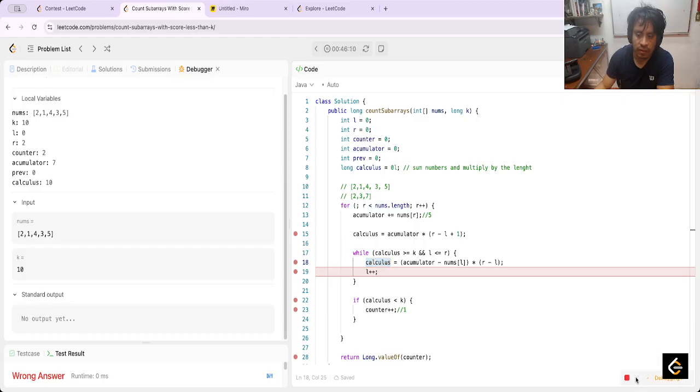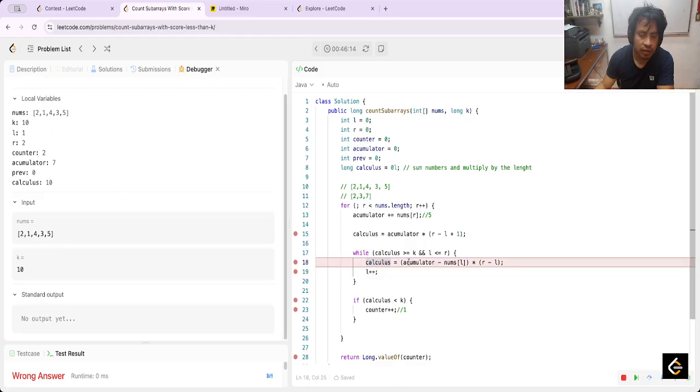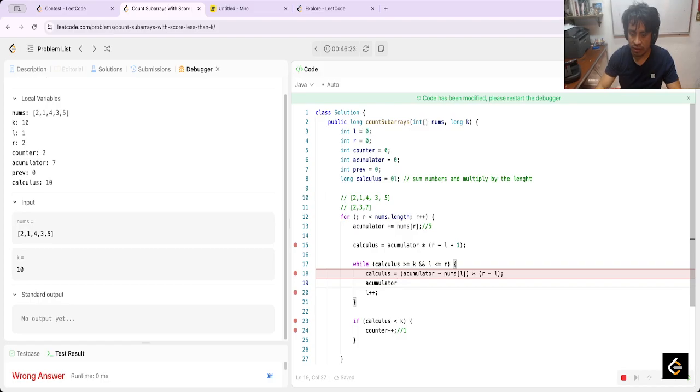It's not enough. Accumulator is 7. Sure, here less, even here accumulator less equal this, and here only have this.